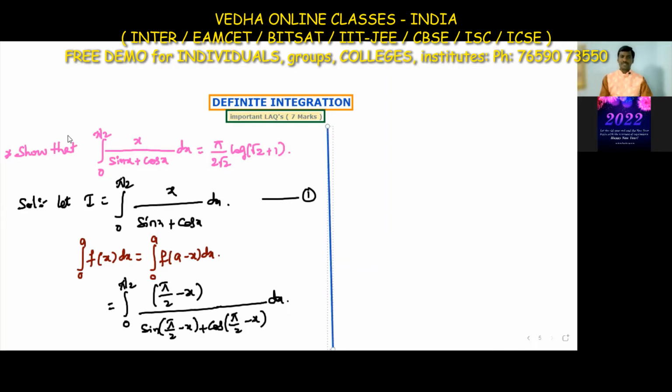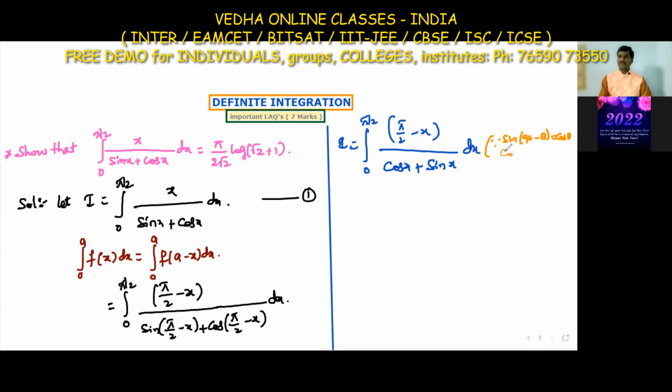Okay, so if we write that, now I is equal to the integral from 0 to pi by 2. I am writing the numerator pi by 2 minus x as it is. Sin 90 minus theta is cos theta, meaning cos x we get, plus cos 90 minus theta is sin theta, meaning sin x. Whole dx is as it is.